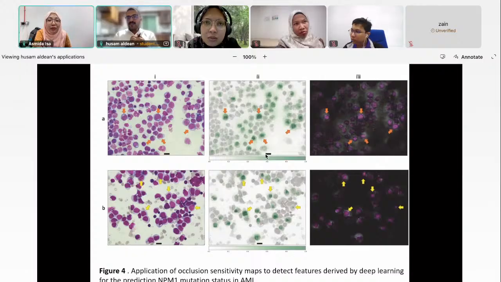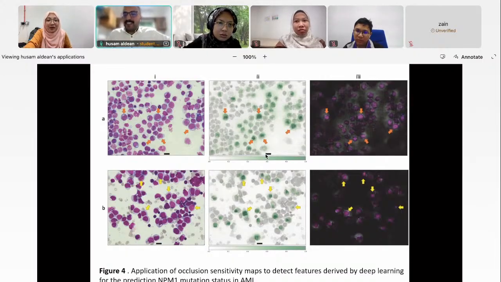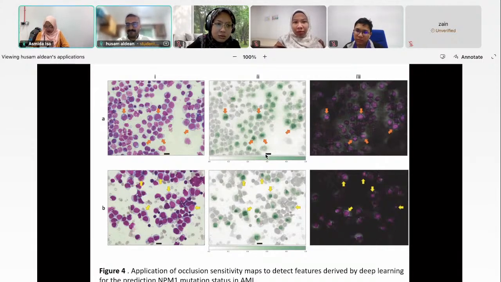I don't know about other mutations associated with myeloblasts, but for myeloblasts, if we have the NPM1 mutation, definitely. As they say in this paper.